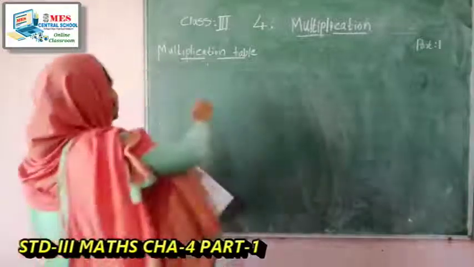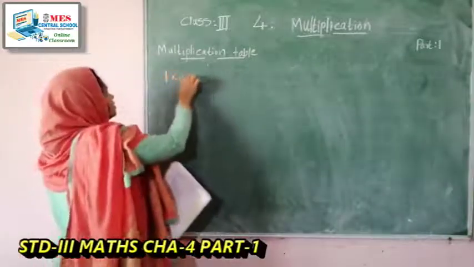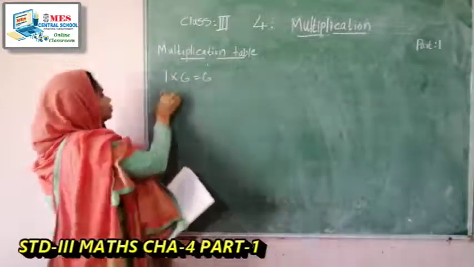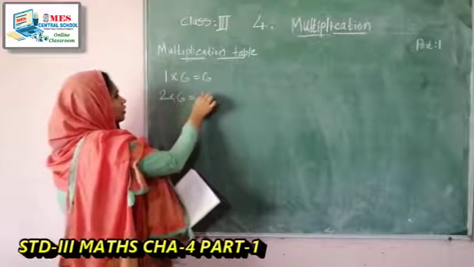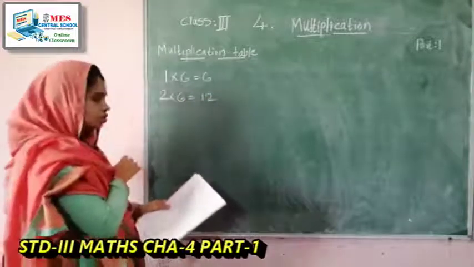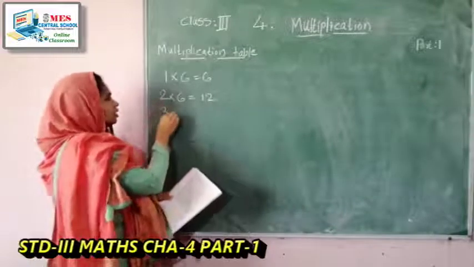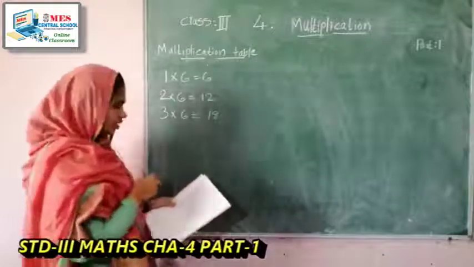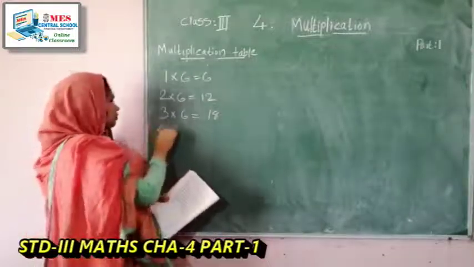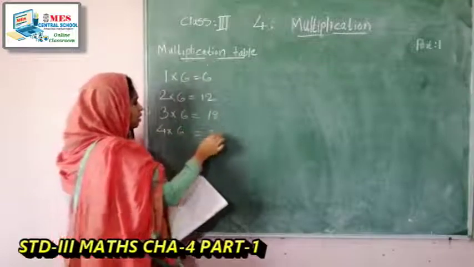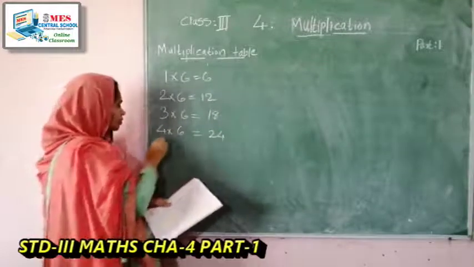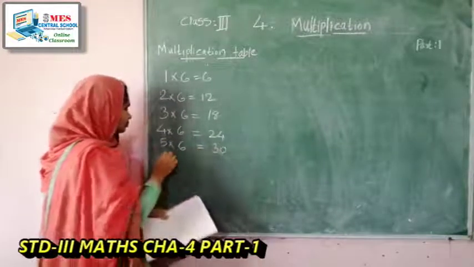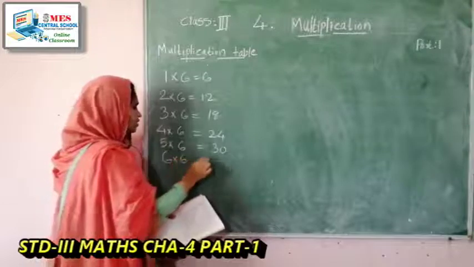What is 2 6? 2 6 is equal to 12. 3 6 is 18. 4 6 is 24. 5 6 is 30. 6 6 is 36.